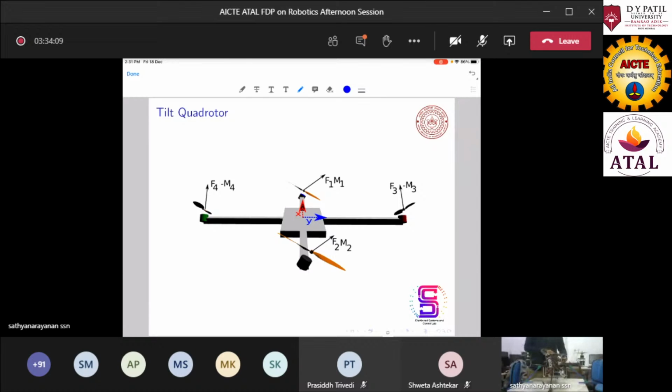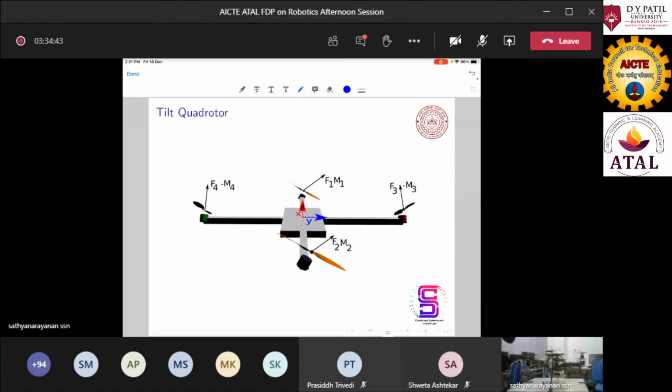You can't tilt 90 degrees or more, because you have to overcome the weight also. That makes it a little disadvantage compared to a tilt hexacopter. But this tilt quad rotor is fully actuated, which means I can decouple the position as well as the orientation.